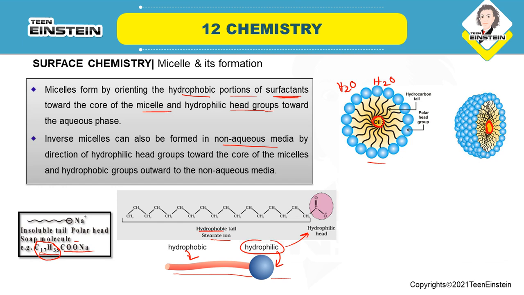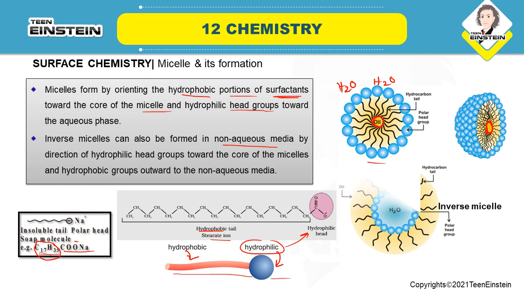Look at this. If there is an oil and water mixture and oil is present in large amount, the water interacts with the head part, and oil is outside. The tails are towards the oil side. This type of micelle is known as an inverse micelle.